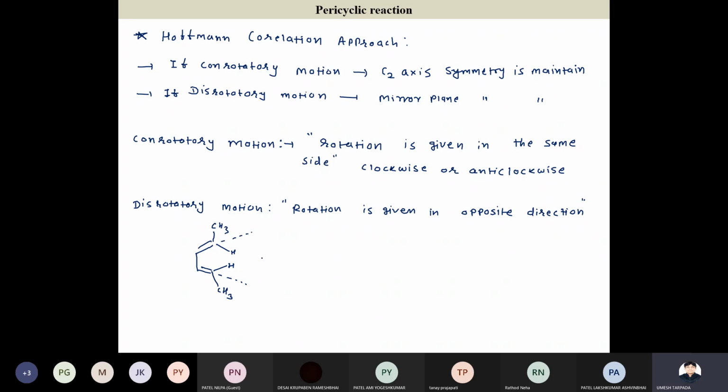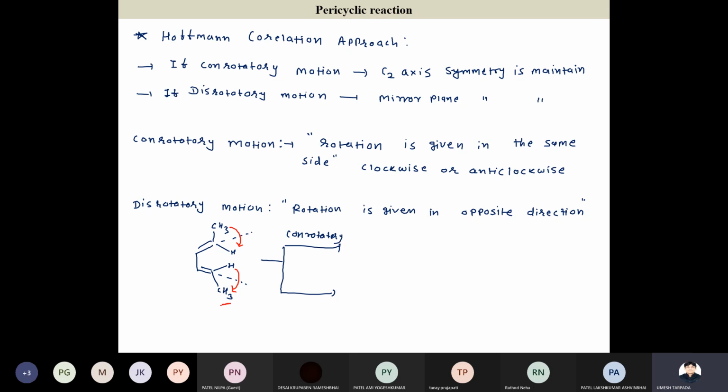This is a single bond we extended. Now suppose you want to give conrotatory motion, then what happens? Conrotatory motion means rotation is given either clockwise or anti-clockwise. So this is clockwise, and this is clockwise.